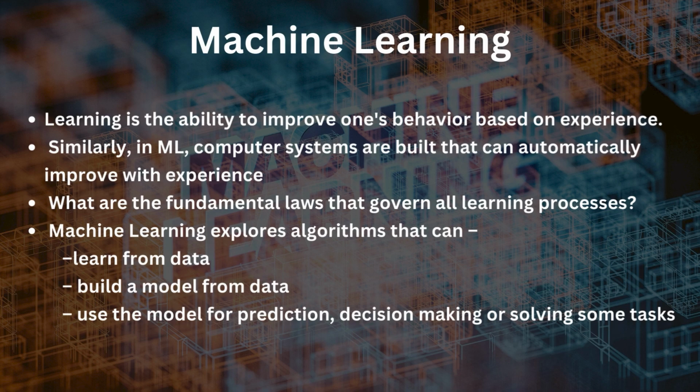Similarly, in ML, systems are built which can automatically improve from experience, which is nothing but data. Hence, the basic machine learning algorithm tries to learn from data. Models are built using this data, and once these models are ready, they are used for predictions and decision making.